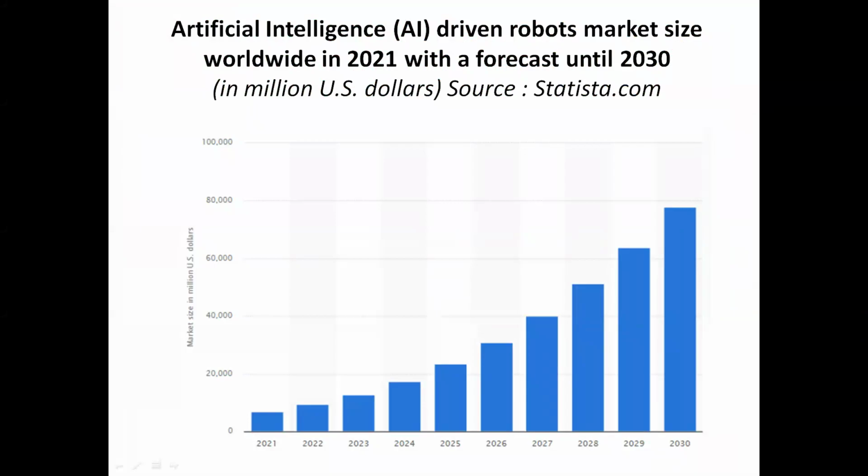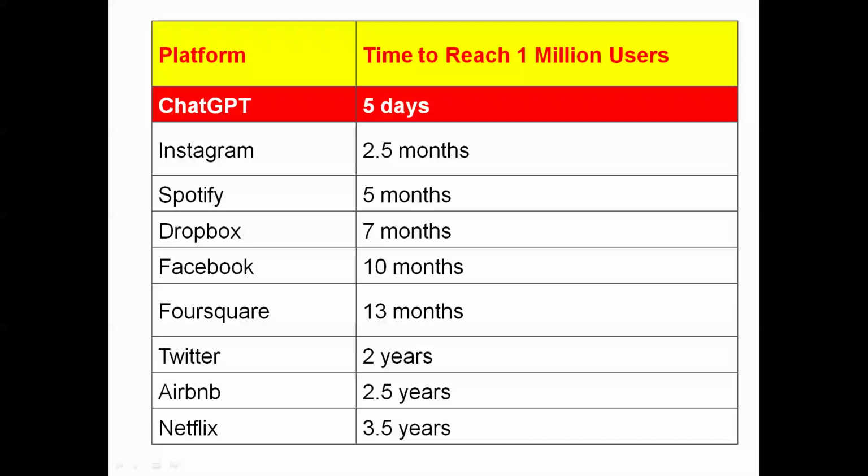You can imagine the prominence of AI from this data: Netflix took around 4 years to achieve 1 million users, while ChatGPT achieved it in only 5 days.